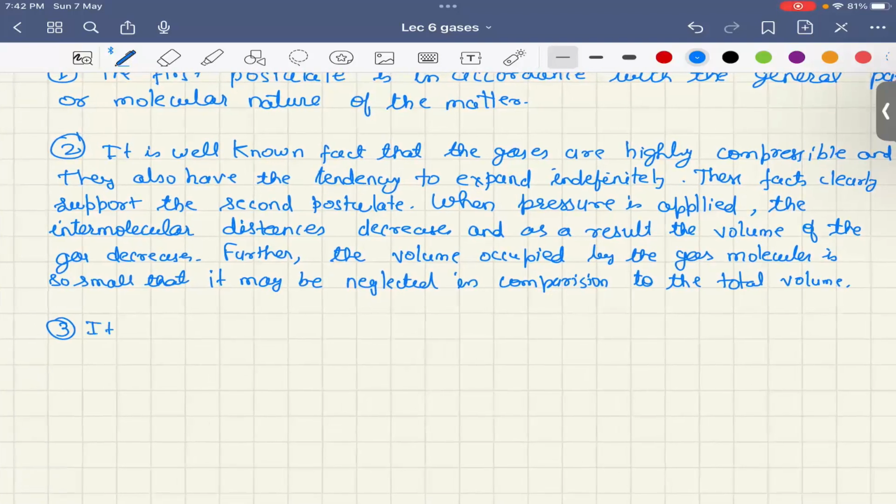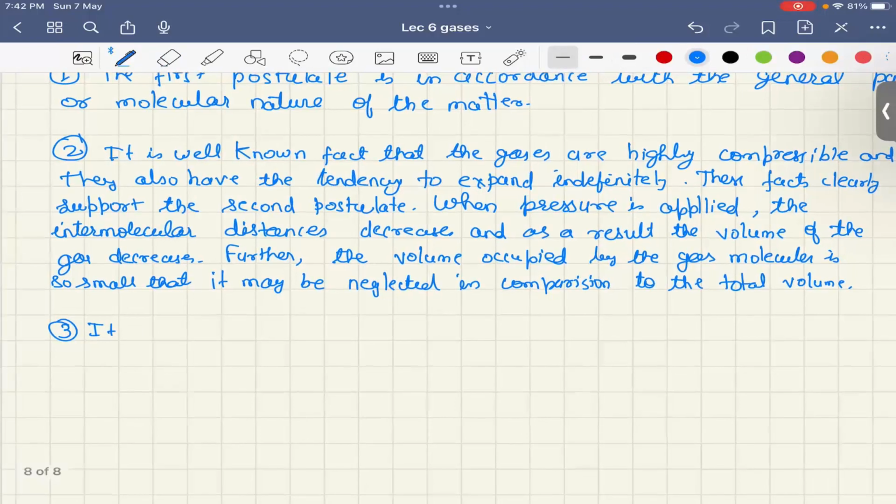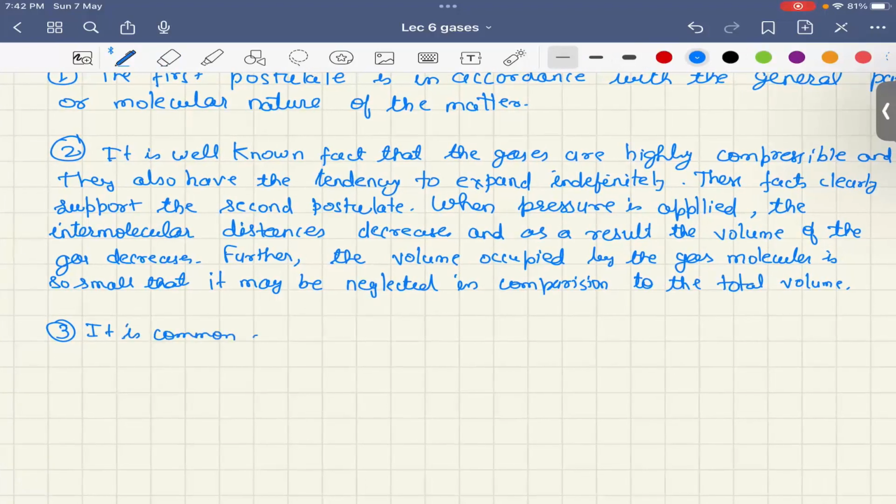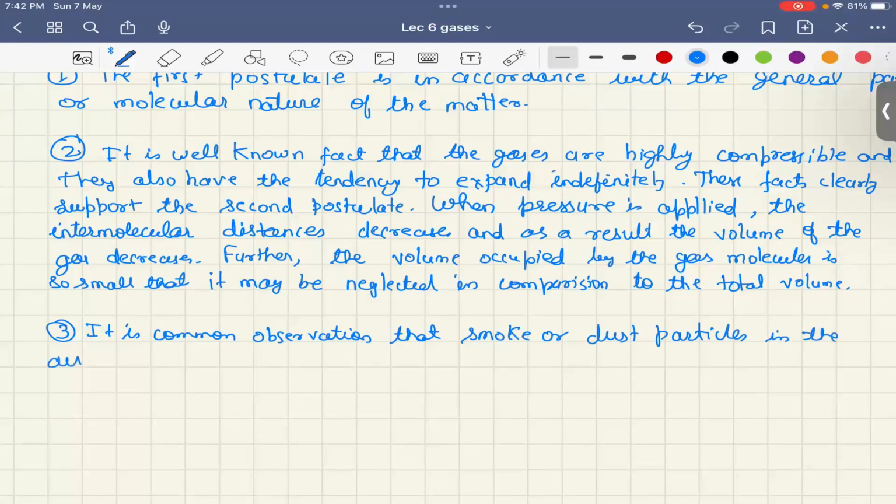So it is common observation that smoke or dust particles in the air are in constant zigzag motion. Smoke or dust is what?